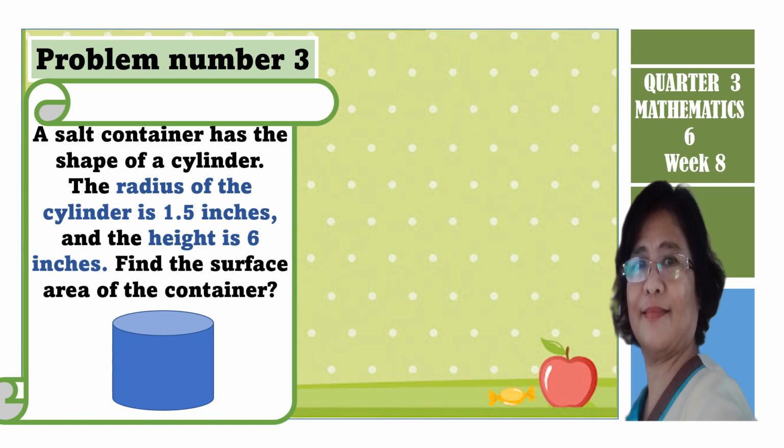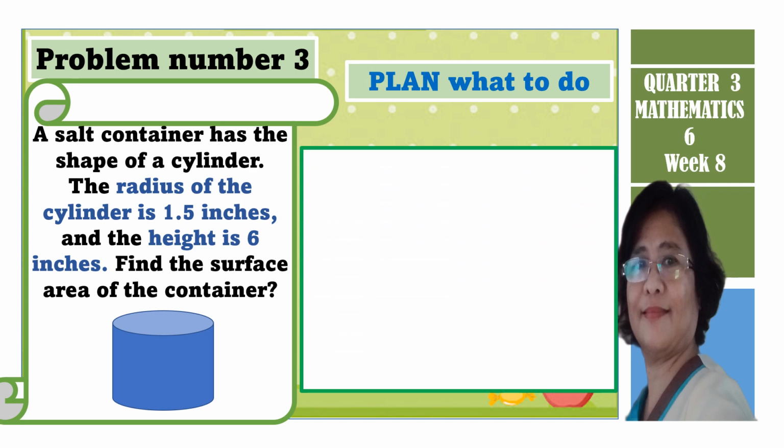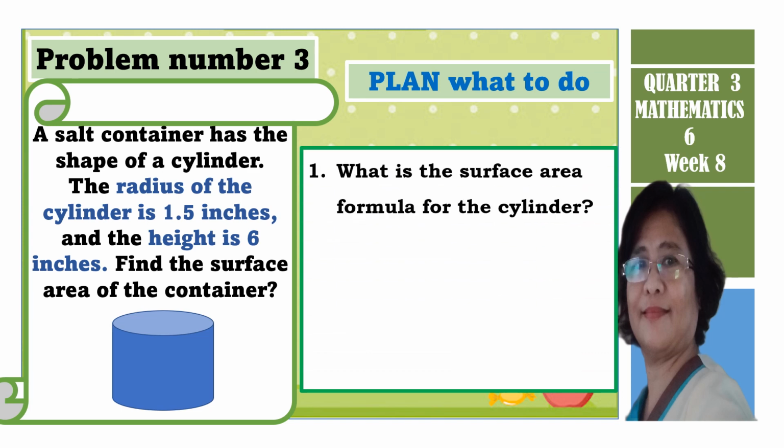Let us now plan what to do in this problem. So we all know that we want to find out the surface area of the cylinder. Using the given formula, the formula for the cylinder is 2 pi r squared plus 2 pi r height.